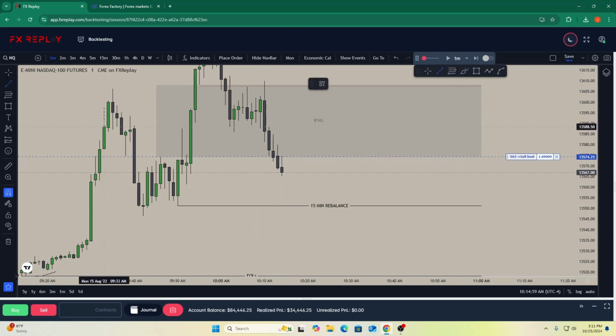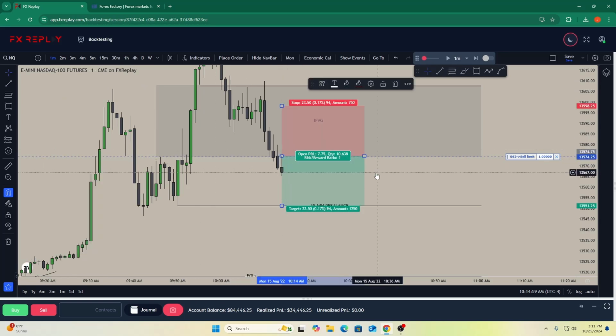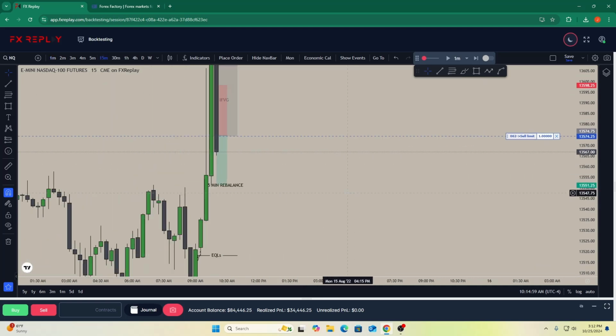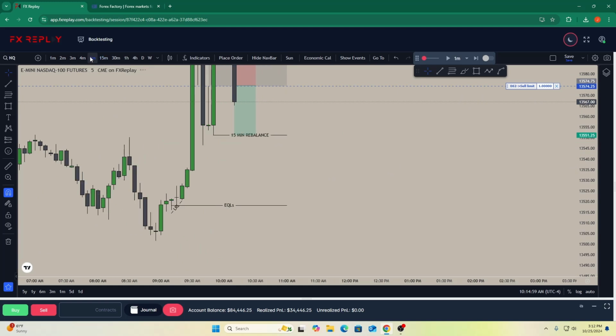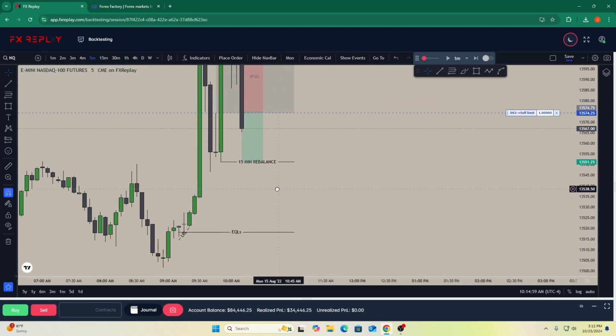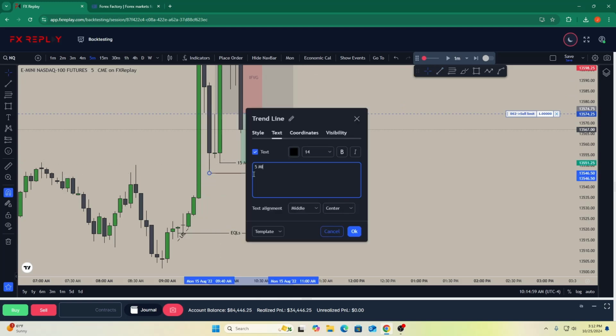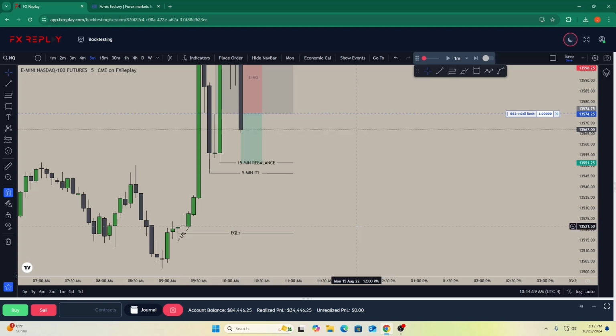Let's see the RR on this. Yeah, so I want the 15-minute rebalance, and I think we'll be able to snag it. And here's the 5-minute intermediate term low. We'll target this 15-minute rebalance, 5-minute intermediate term low, final TP here, right?